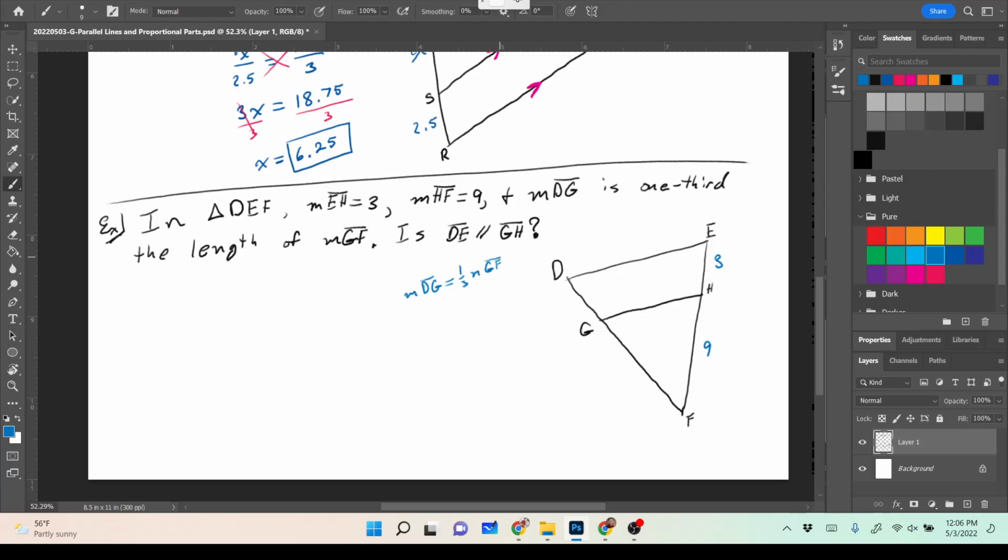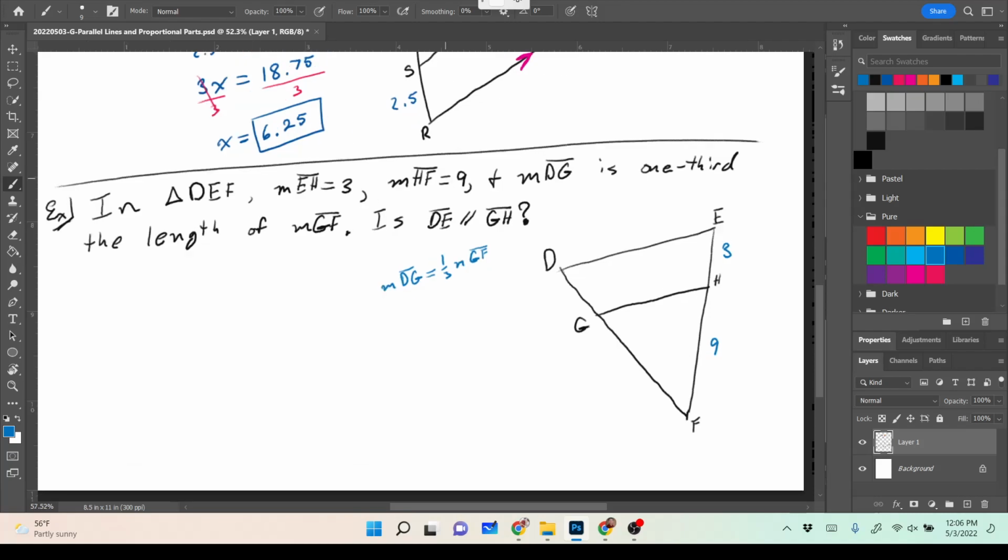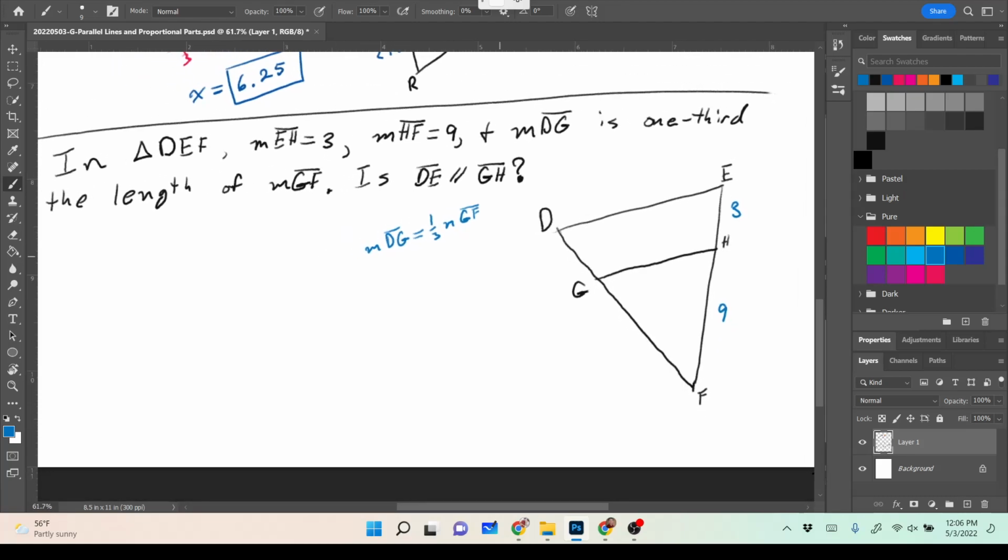Right? And we want to know if they are parallel. So what can we do to figure that out? You said set up a proportion. I think that sounds like a great idea.